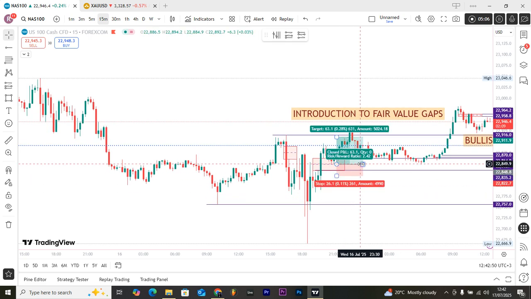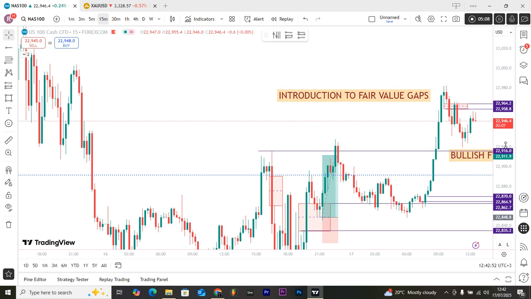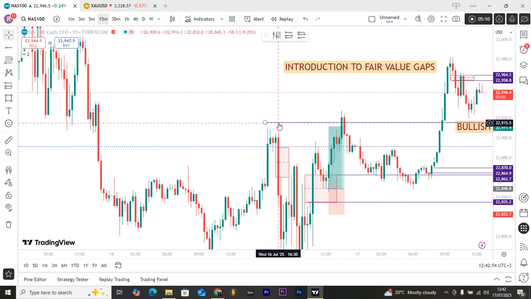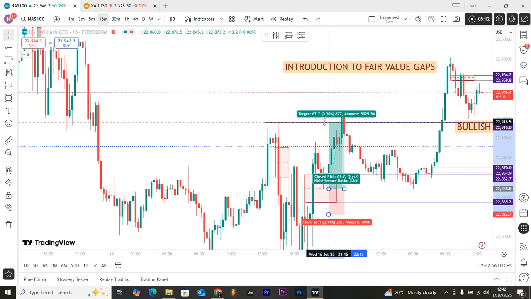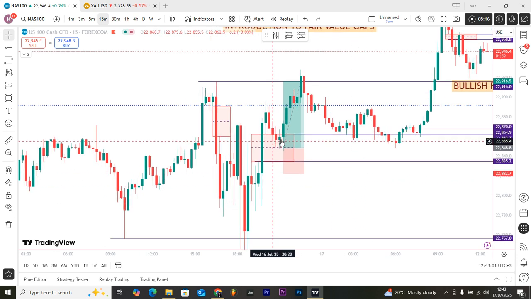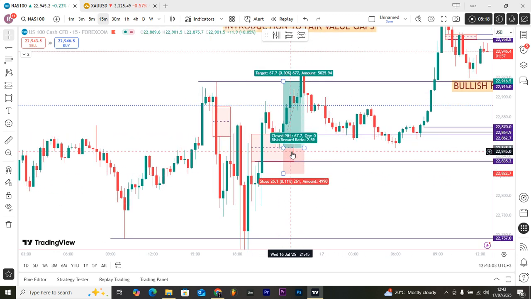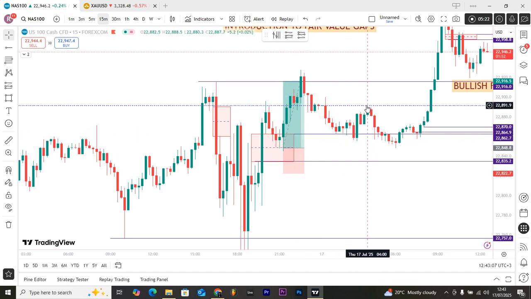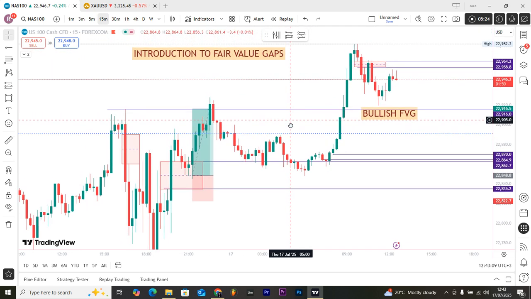We created that 15 minute fair value gap. Remember, I'm using a 15 minute time frame, and our next target will be this buy side liquidity. And you see, you enter on the consequent encroachment, put your stop loss below here, and that's 1 to 2.5 R. Okay, as simple as that, not complicated.